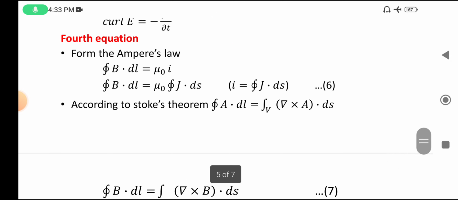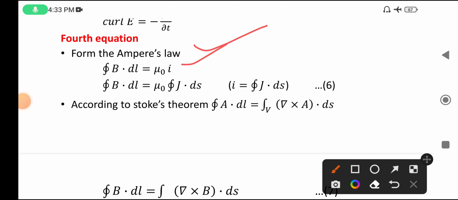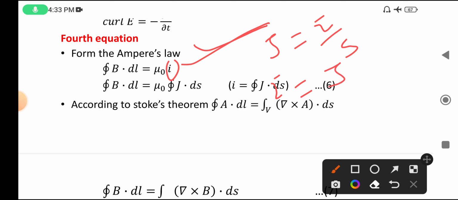Next, Maxwell's fourth equation in differential form. From Ampere's law, this is Ampere's law in integral form, and see how we got it. J is current density, current by area. Let the area be S. From this, I is equal to J into S. Bring J to this side and I to this side, then we can write like this.